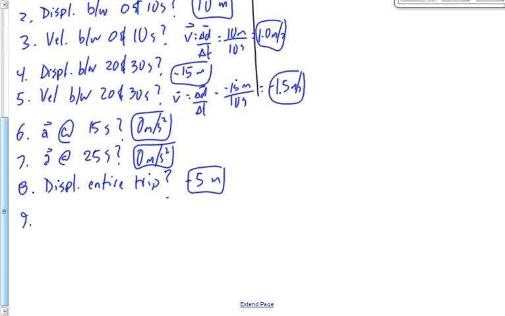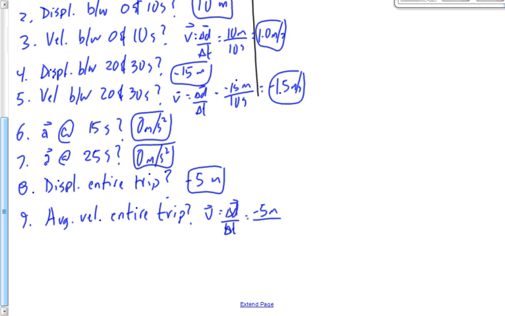And what about the average velocity for the entire trip? It changes, right? So we're going to find the average. Anybody have an idea how to find that one? Constant or average velocity is always found by delta d over delta t. That's the group A equation. The displacement over the entire trip is negative 5 meters.